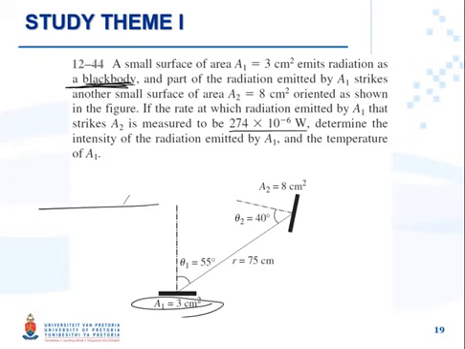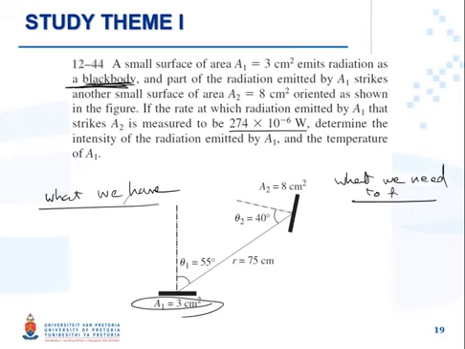Let's do a very quick assessment of the question and see what we have and what we need to find, or what the question is asking us. What we have is A1, the surface area, 3 times 10 to the minus 4 m2. We know that A1 is a black body.